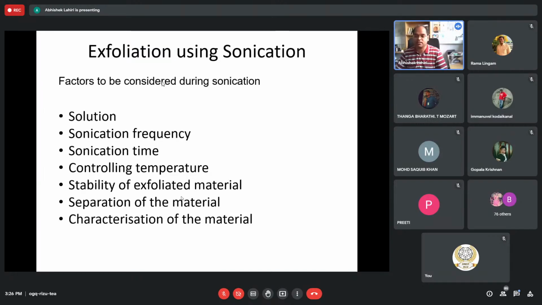Ideally, centrifugation is a technique for separating materials from the solution. And finally, you want the material to be characterized so that you can see that you have these functional properties. So these are some of the factors which one needs to consider when one does experiments with sonication or produces two-dimensional structures.